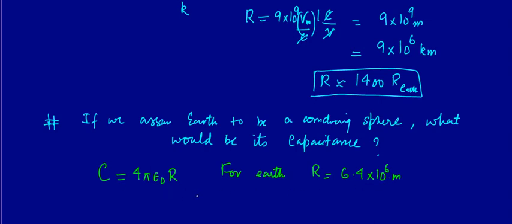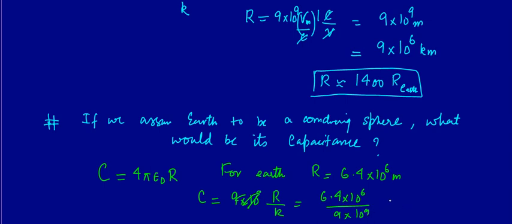6.4 into 10 to the power of 6 meters, which is 6,400 kilometers. If you substitute it here, C is equal to, this is by the way 1 by K, and that is equal to 9 into 10 to the power of 9. Sorry, this is in the denominator. R by K, 6.4 into 10 to the power of 6 divided by K, that is 9 into 10 to the power of 9.